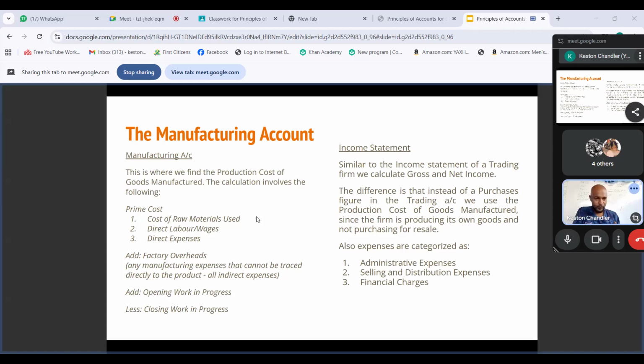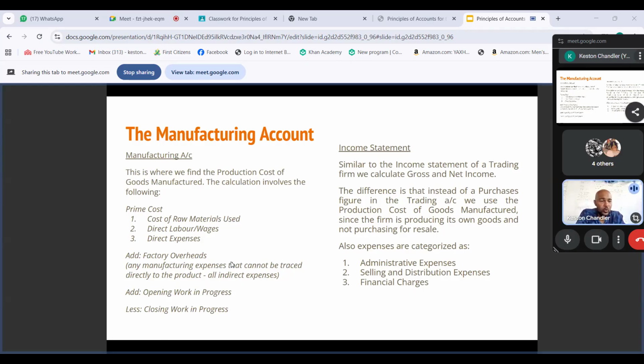These are prime costs because they can be directly related to the making of the product. That's why we call them prime, they're upfront. We will add to that any factory overheads or indirect costs. These are manufacturing expenses that cannot be traced directly to the product, right? We refer to them as indirect expenses, factory overheads, or manufacturing overheads.